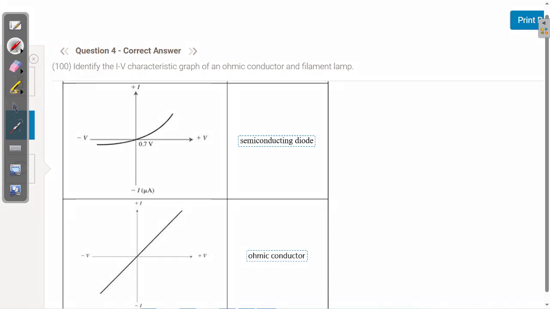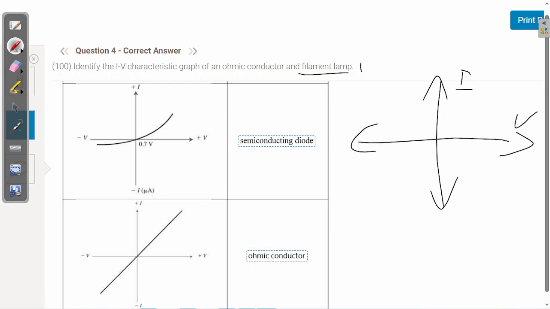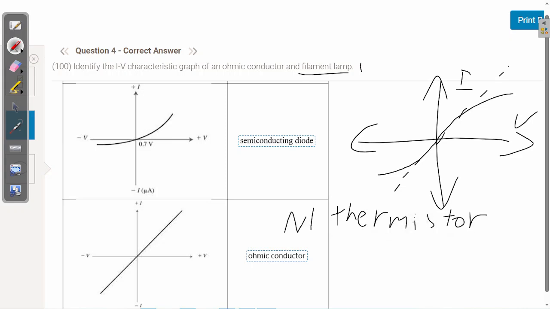There are two other graphs, which are the filament lamp, which will be like this, almost like an S shape. Okay, and the other one will be the thermistor, which is NTC actually.